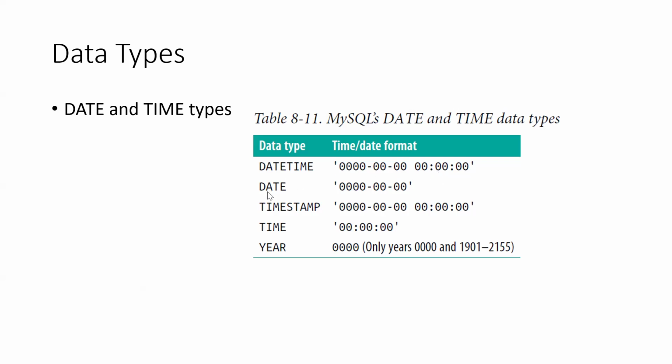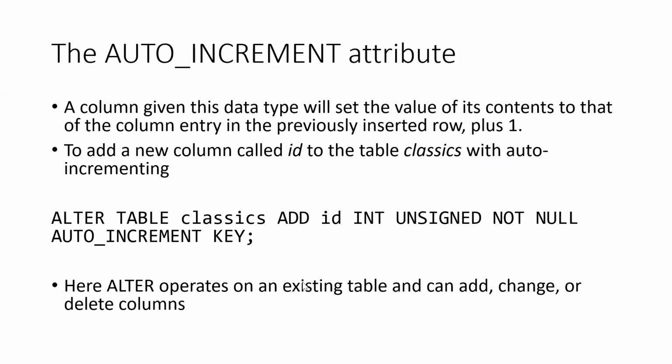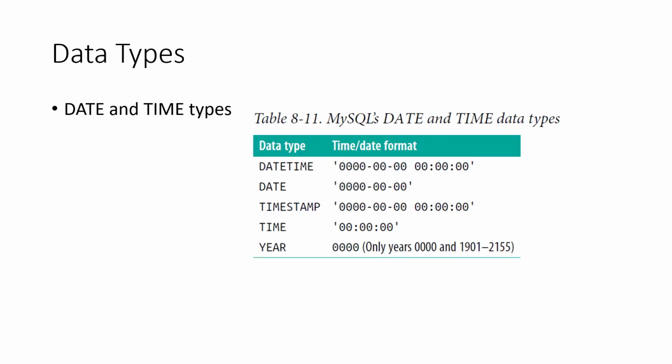If you need only the date, this is the format. If you need only the timestamp, this is the form. Time, this is the form. Year, this is the format. So these are some of the existing data types for date representation. Okay. A few more commands before we discuss in detail how to create a table.